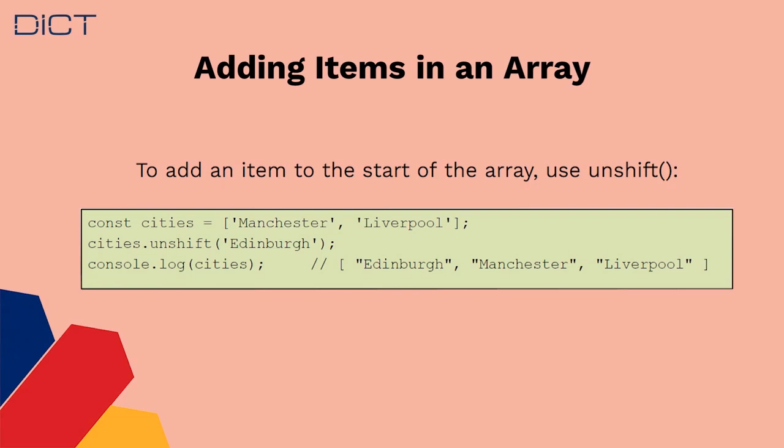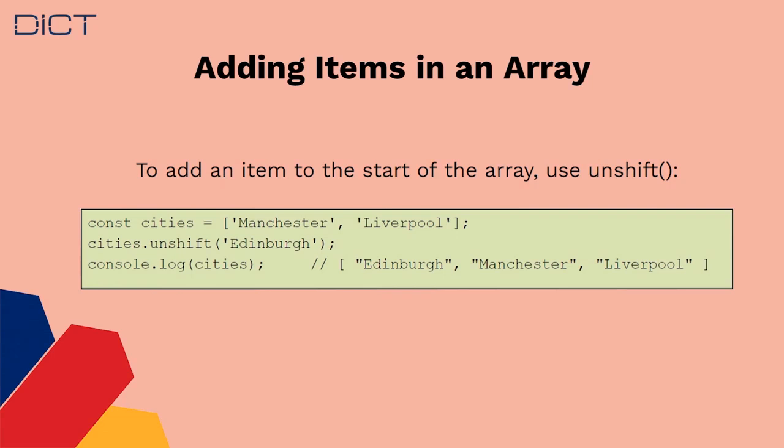We use the unshift method by calling cities.unshift(Edinburgh). Then we log the cities. Definitely the Edinburgh city will be added at the beginning of your array. So we now have Edinburgh, Manchester, and Liverpool.